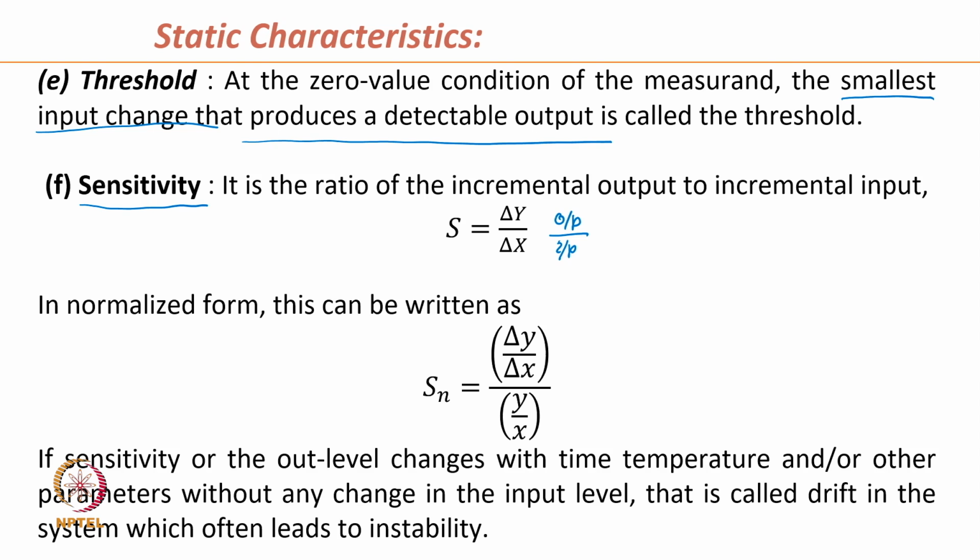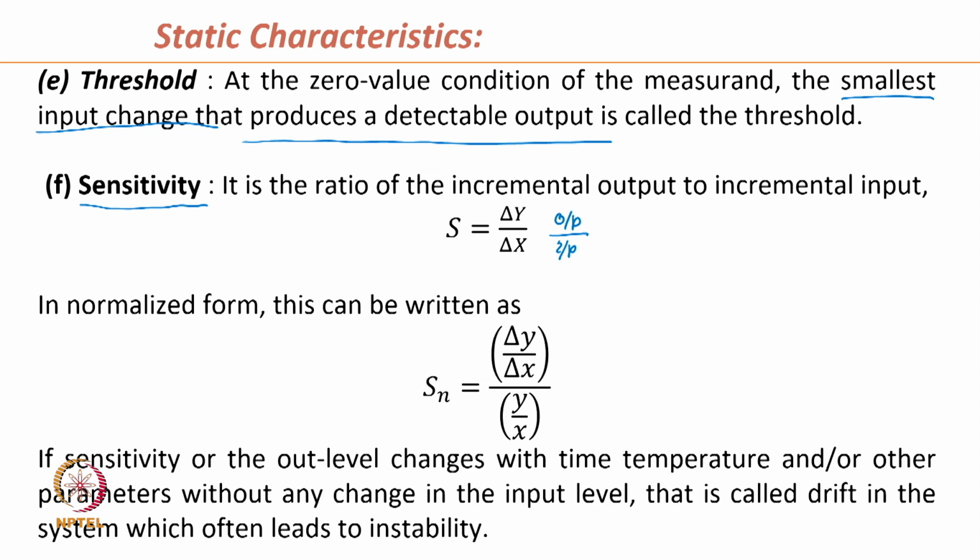Usually, we express it in normalized form. So, we can write delta Y upon delta X divided by Y by X. How much is the actual base value of output and input? We normalize the sensitivity using their base values.